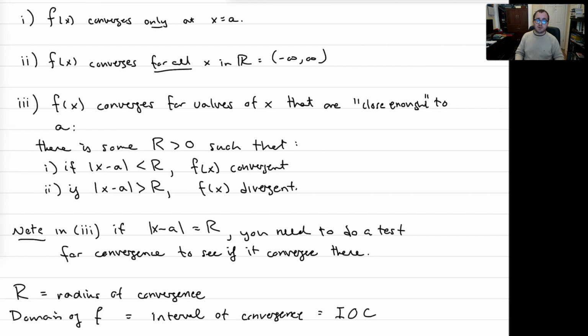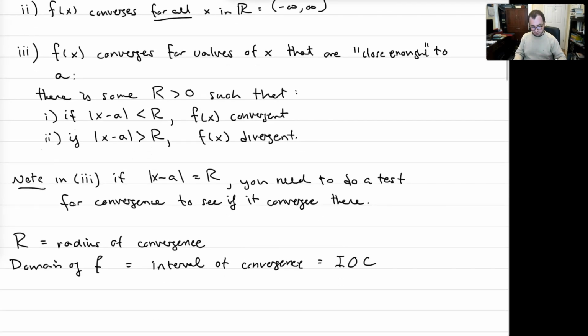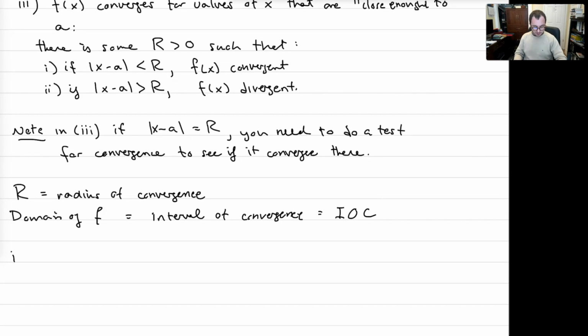So the radius of convergence tells you how far away from the center you can be while still remaining convergent, and the interval of convergence is going to be the set of all x values that make the series convergent. So for situation 1, the radius of convergence is 0, and the interval of convergence is just the value a. So a is the domain, and you can't be more than 0 away from a and still remain convergent. So nothing else is convergent. The distance from the center is 0, which of course is only a.